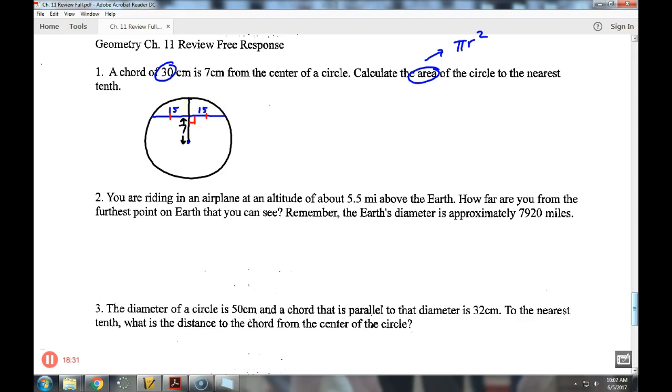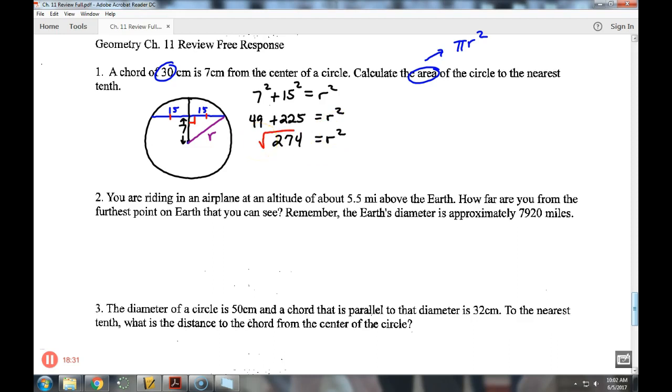Now this is going to allow me to find the radius of the circle, because if I draw my own radius in right here, call it r, I can do a little Pythagorean Theorem move. So 7 squared plus 15 squared equals r squared. That's 49 plus 225 is r squared. This is 274 is r squared.